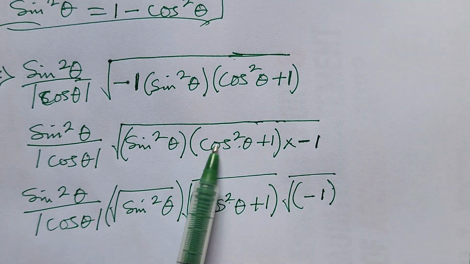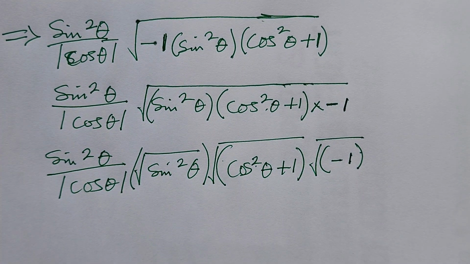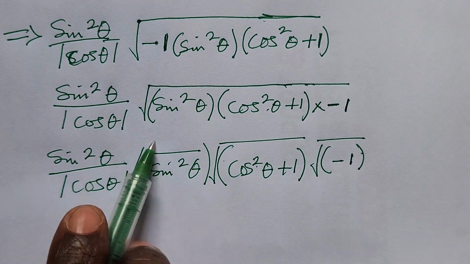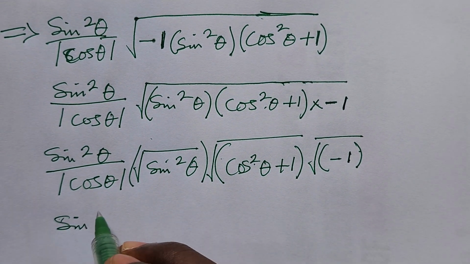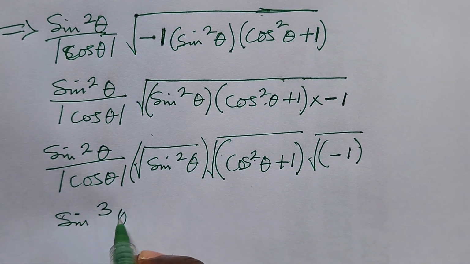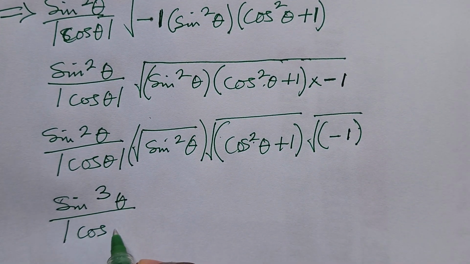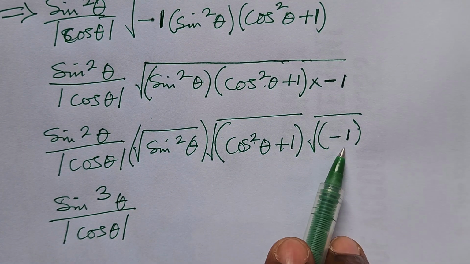I just decided to separate each of these ones here. All right, so we go again. So what happened? This will come out of the system because this will cancel out this. So this is going to give us sine to the power of 3 theta all over the absolute value of cos theta. Then we are left with this and this.